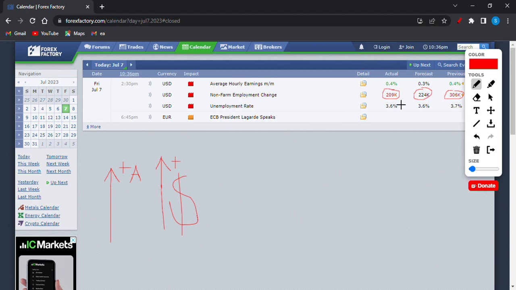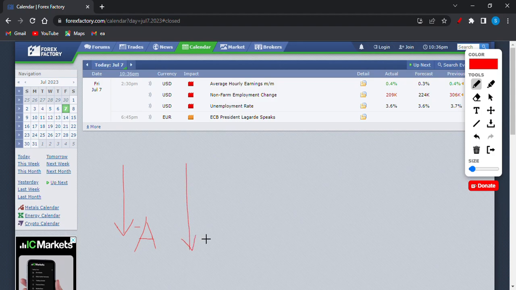But here we see that it is less. So the actual is less than the forecast, which means that it is bad for the USD, and this can lead to lower inflation.